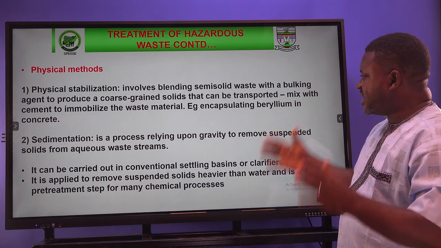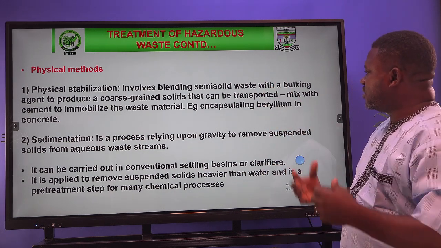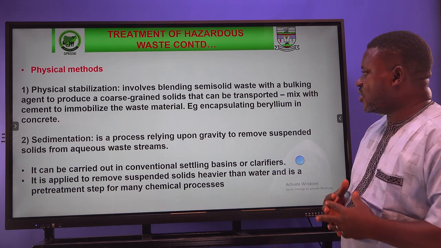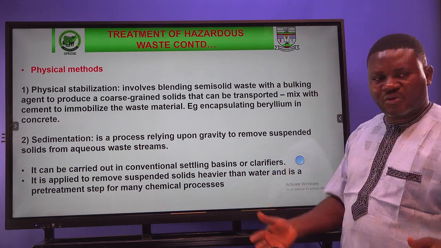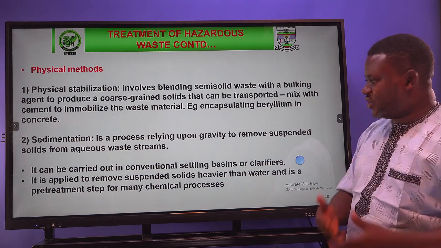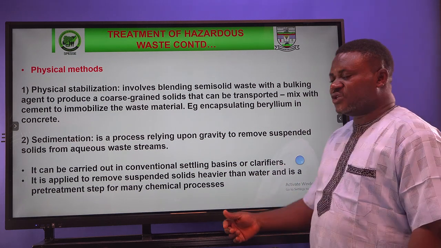So the idea here is to encapsulate or to immobilize. So when you mix it with cement, for instance, it does not become mobile any longer.